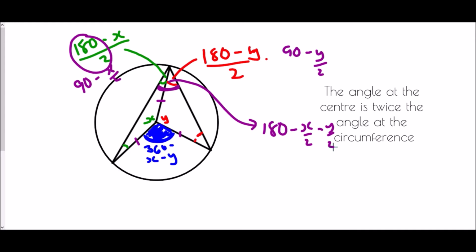And if we compare that with our blue angle, what is the relationship? Well, I multiply by 2 to turn 180 take away x over 2, take away y over 2 into 360 take away x, take away y.